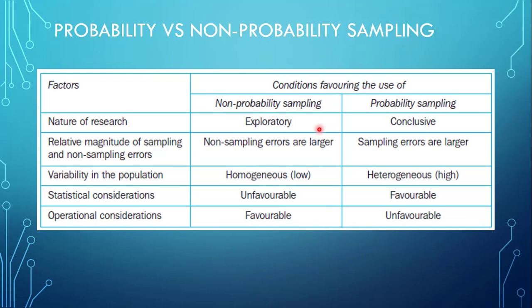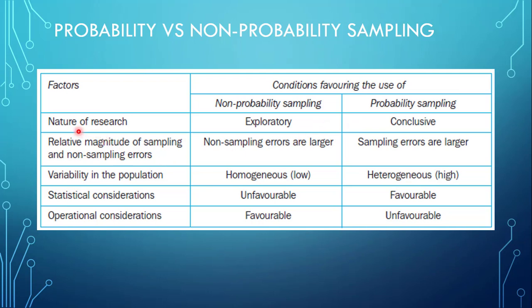If the nature of the research is conclusive research, then you are going to apply probability sampling. We have discussed exploratory and conclusive research in the previous lecture on research design, so you can refer to that video lecture to understand what exploratory and conclusive research is.